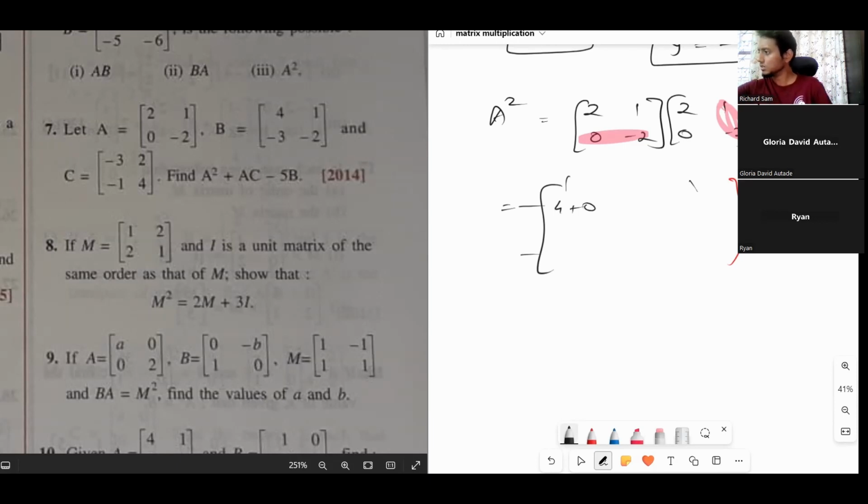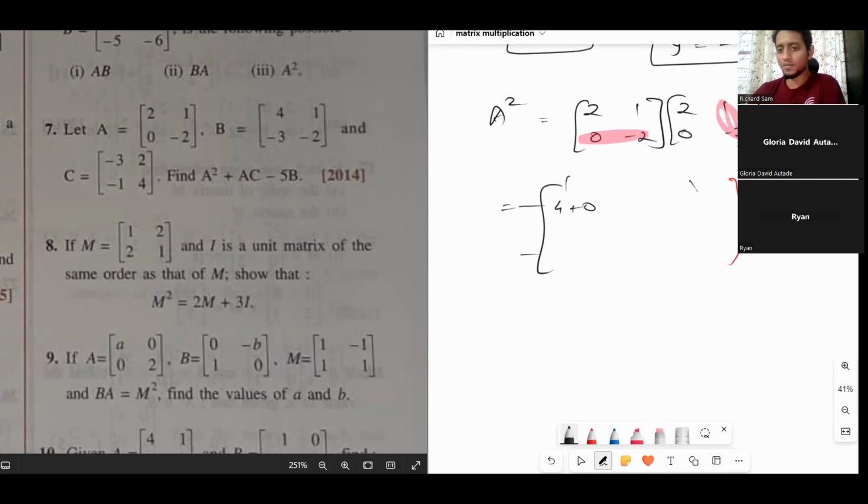I'm writing the answers here. Okay, let's check. Which number in A square? This 4 or 0? Which one are you talking about? 4. Yeah, okay, see, I'm writing here.